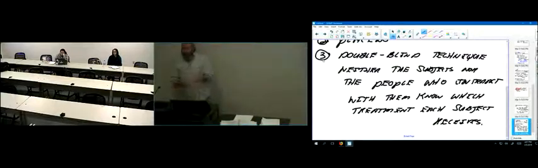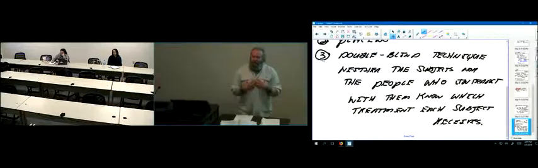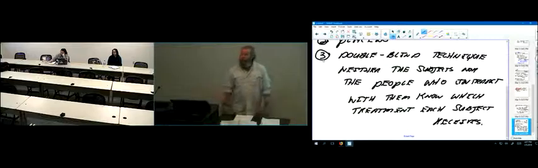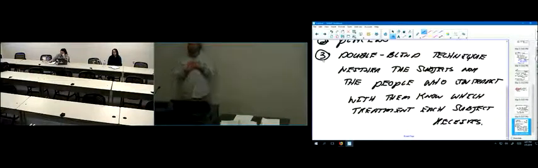Now, you do understand there's somebody in the back room who never interacts with the subjects that actually knows whether it was the real thing or not. That's what we mean by double blind. The person getting the treatment never knows what they're getting, and the person handing them out doesn't know either. Single blind would be the subject doesn't know.